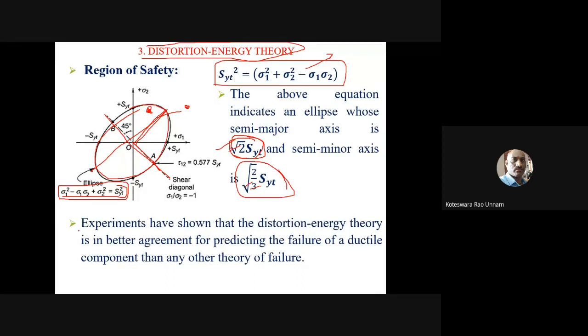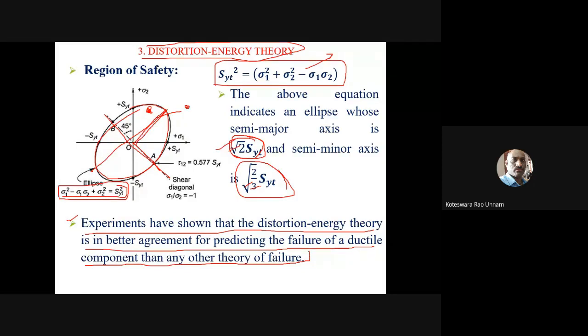Here is the final note we have. Experiments have shown that distortion energy theory is in better agreement for predicting failure of ductile materials or ductile components than any other failure theory. So the most appropriate failure theory for ductile materials is the distortion energy theory.